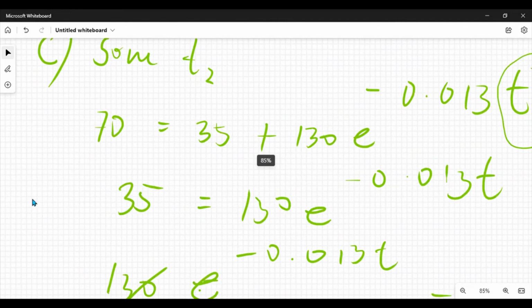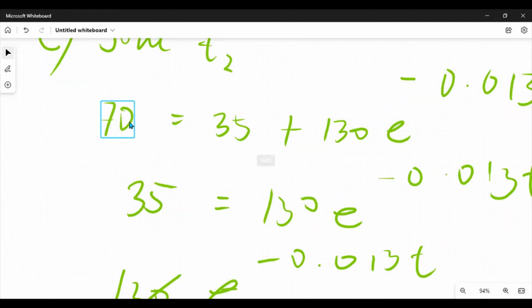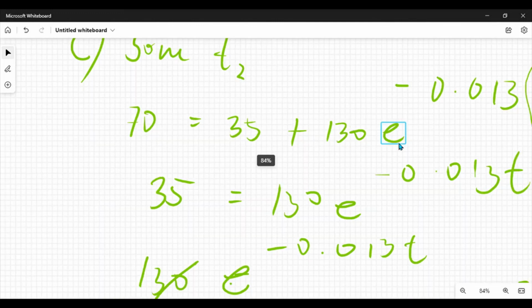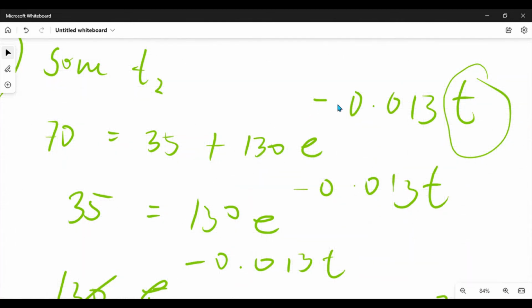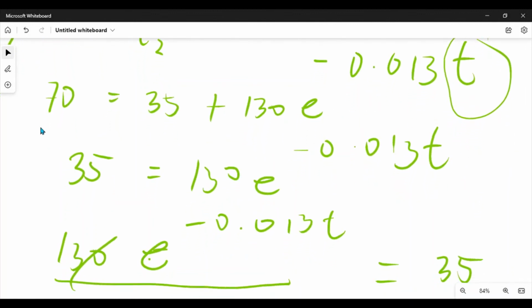So the desired temperature is 70, so we write here 70, and this is equal to 35 plus 130 e raised to, your k now has a value of 0.013, so you have negative 0.013 times t. So we subtract 70 and 35, the result is 35, and this is equal to 130 e raised to negative 0.013 t.